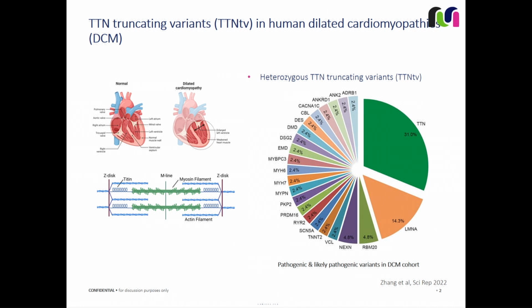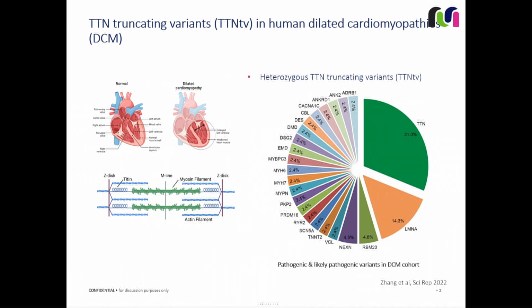Now, depending on the cohort you're looking at, between 15 and 30% of the patients suffering from DCM have it because of the titin, or we also call it TTNtv.